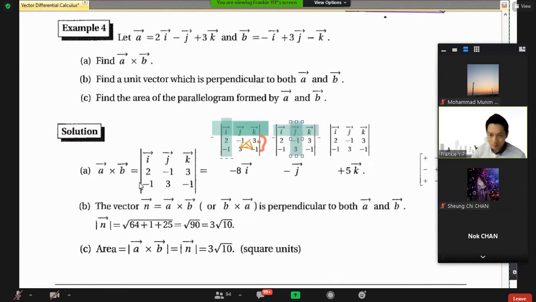Okay, this one is here, remember. Because the region just now is a positive region, it should be a positive sign here. So that means it's a positive times negative, so it should still be negative. Got it? How about the next one? Once again, I multiply this one, 2 times -1, minus 3 times -1.